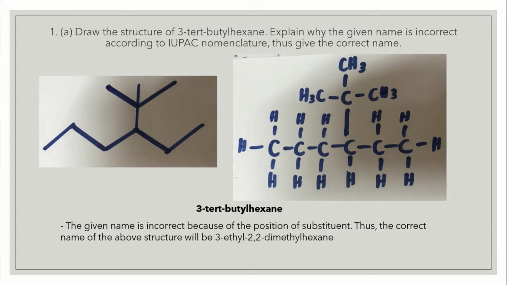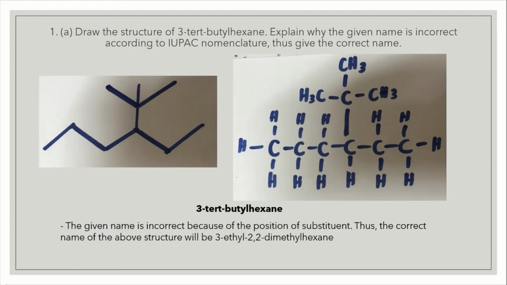So the tert-butylhexane structure should be exactly like the picture attached in this PowerPoint slide. On your left side is what you would have if you were to draw it in skeletal structure, and on your right side is what you will have if you were to draw it in expanded structure. So the given name is incorrect because of the position of the substituent.